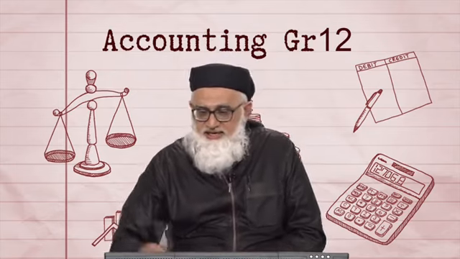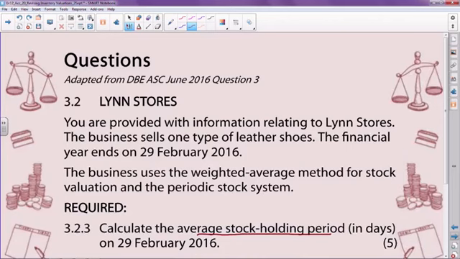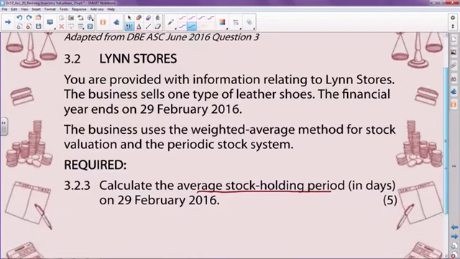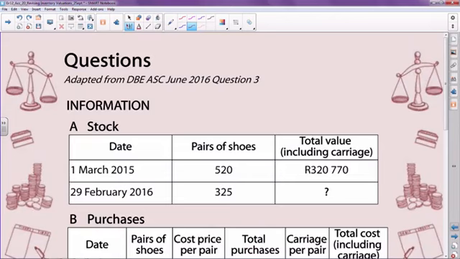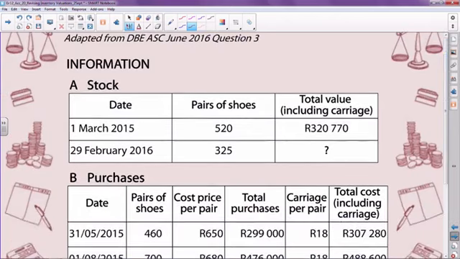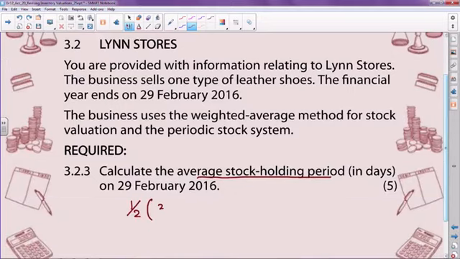Welcome back, grade 12s. The financial indicator that you are asked to calculate is your average stock holding period in days. Let's see if you got it right. Remember, the moment it says average, you take half of your opening stock, and you know that your opening stock was 320,770. You add your closing stock. Do you remember what your closing stock was?